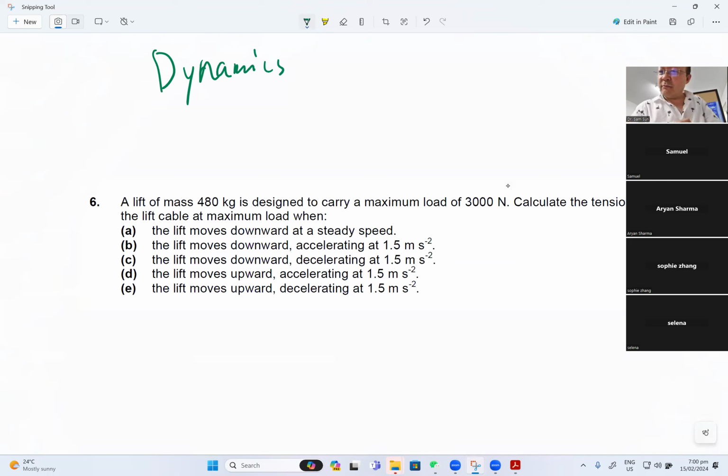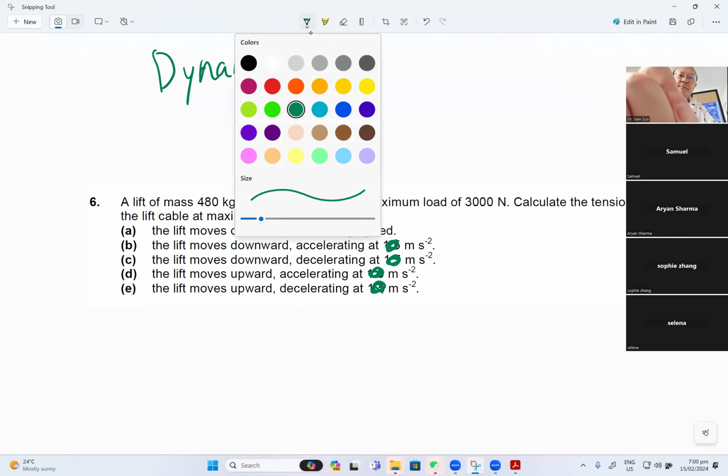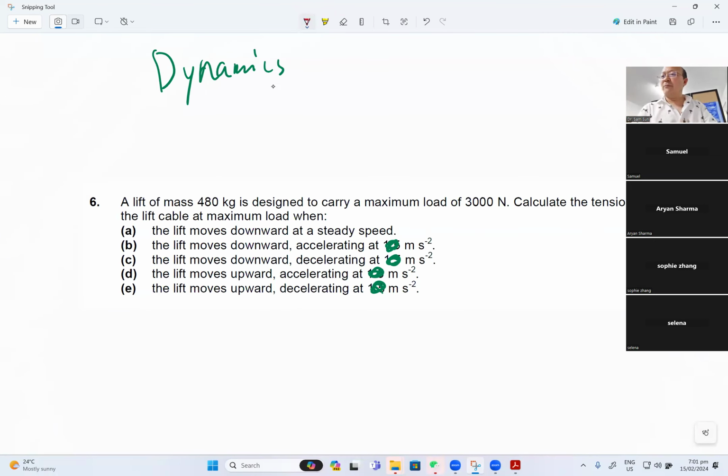But we changed the number. We changed all the numbers, because last week we did with those numbers. Here, 2.0, 3.0, 4.0, 5.0.